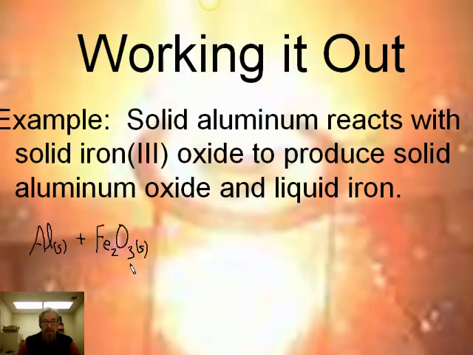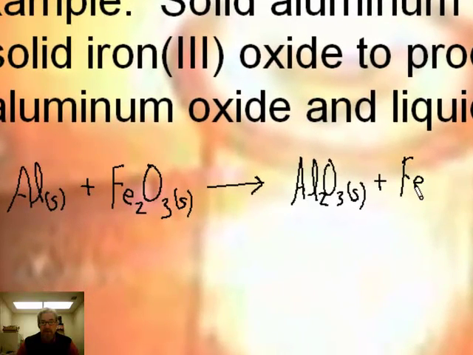To produce, there are my words that indicate change, so I'll put an arrow in. Aluminum oxide, it says that's a solid too. Aluminum's 3 plus, oxygen's 2 minus, so it's Al2O3, solid. And there's another product, liquid iron. Iron is Fe, not diatomic, and an (l) for liquid.